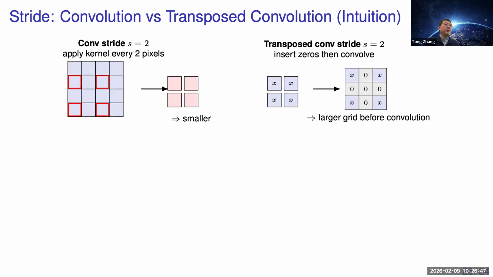So let's just take a look at how it implements this one. Conv with stride equals 2, right? Basically, you just move the kernel every two positions. You just make it smaller, right? So this one is like max pooling. People tend to use max pooling instead of stride equal 2, but you could use stride. But reversely, what happens is these guys get spread out, right? Before the convolution operation, you are padding with 0, because you don't know this thing, right?